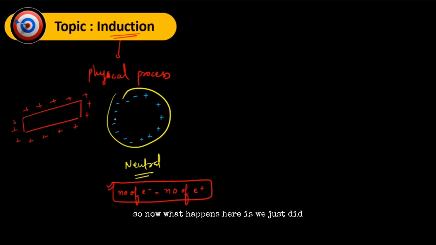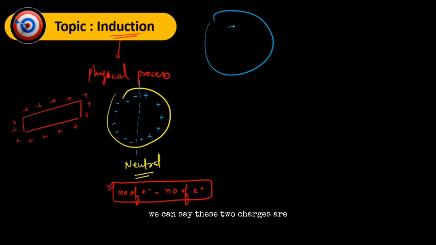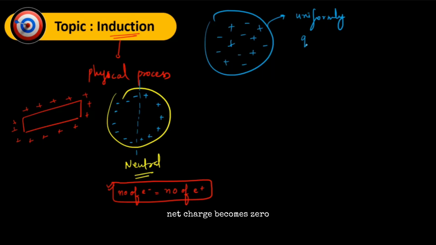So what did we just do? We just separated the two charges. Initially, these two charges are randomly placed wherever they want. There is no one to give them any kind of repulsion or attraction. They are just spread uniformly, and as they were spread uniformly, the net charge becomes zero.